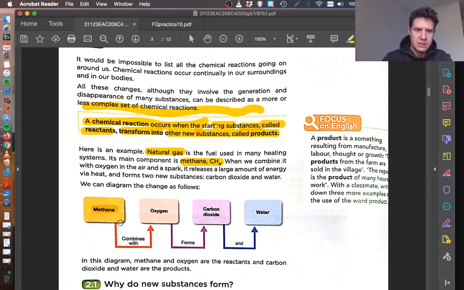Yes, and we combine it with oxygen. It releases carbon dioxide, the fumes, so it pollutes the air, and water vapor. And in this change, when it releases carbon dioxide and water, it releases also heat. That's how we heat, for example, the heater in our homes. Okay.